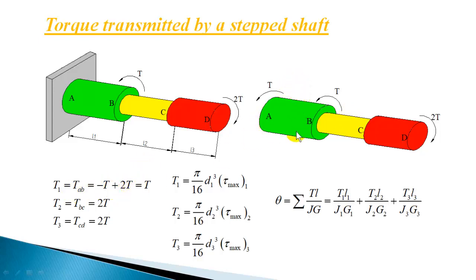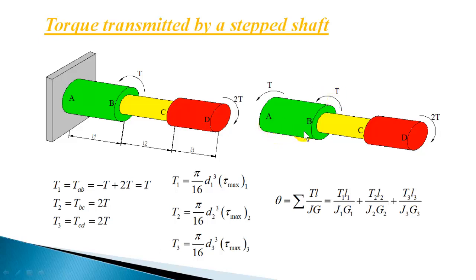The resultant torque is positive because 2T minus T is the torque acting in the first section. So the resultant torque transmitted to this section AB is clockwise. So this will undergo a clockwise twist, and we will take the clockwise twist as positive.